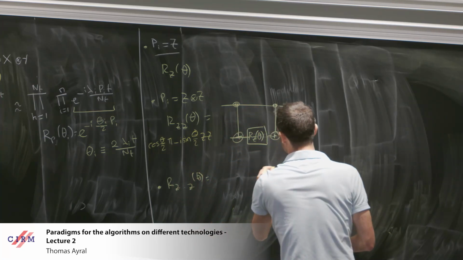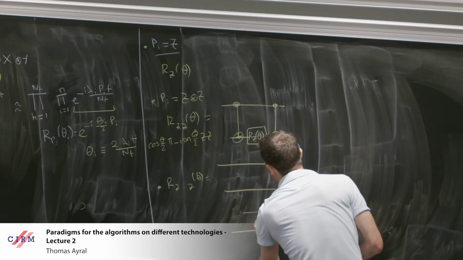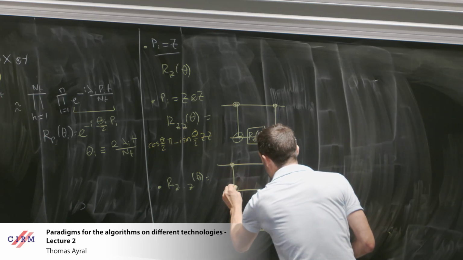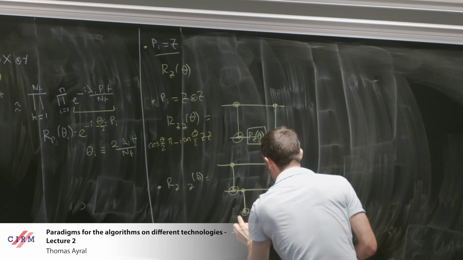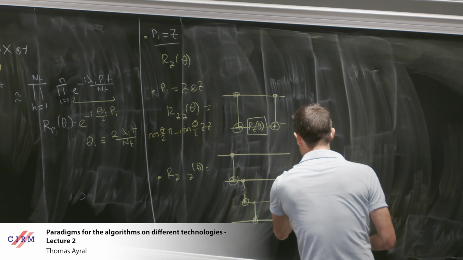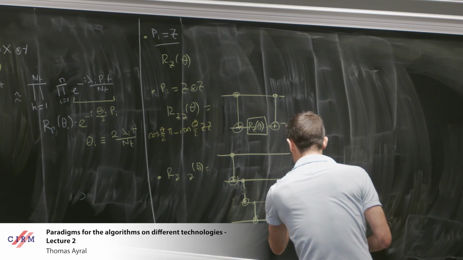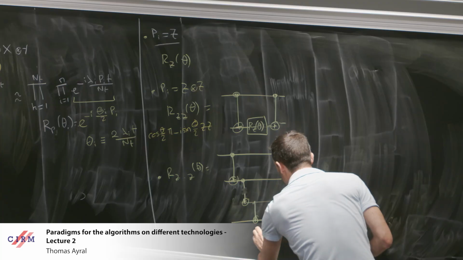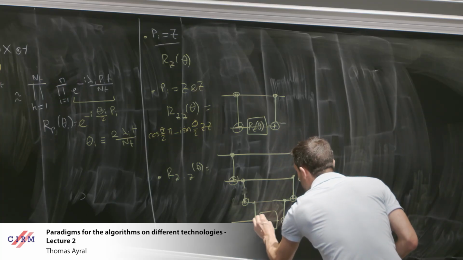And by induction, I can show that this will correspond to a wall of CNOT gates. So I have some dots here, but essentially, I do a wall of them like that. And on the last qubit, I'm going to put my RZ theta rotation.